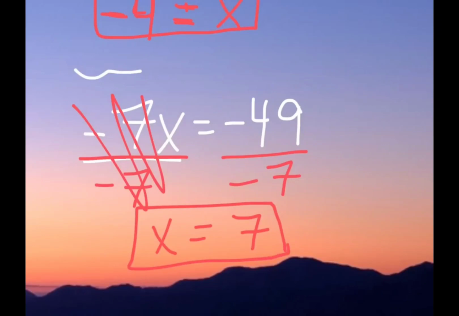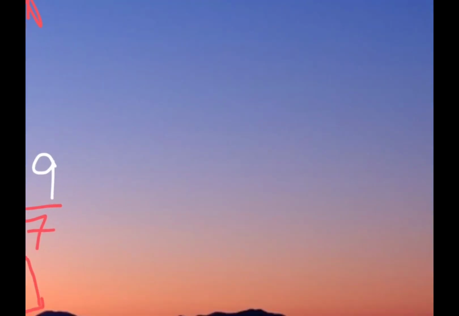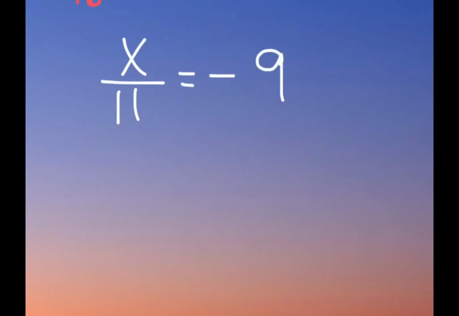Alright, almost done. Let's try a division question here. Let's say we've got x divided by 11 equals negative 9. And don't forget, just a friendly reminder, that a fraction is the same thing as division.